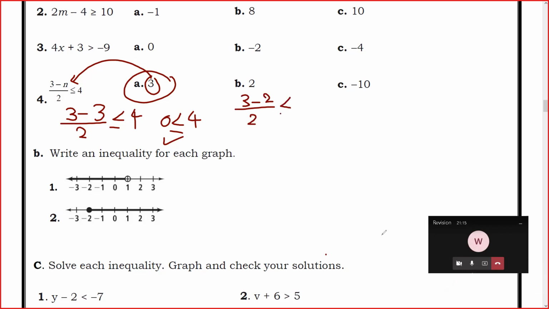Is it less than or equal to 4? 3 minus 2.